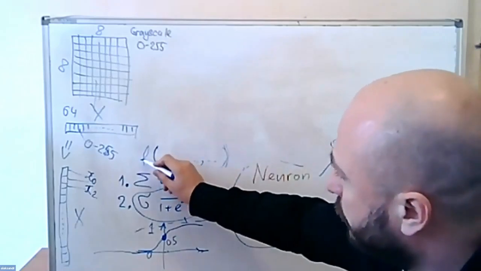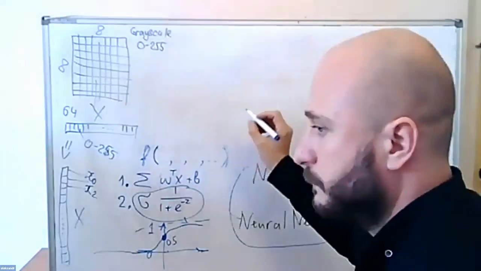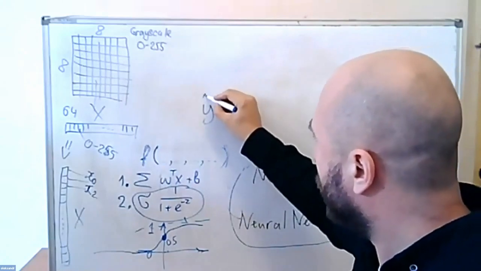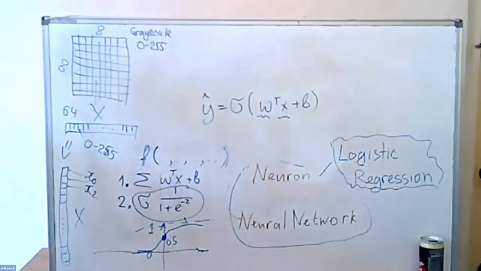All the formula for this F looks like this, where X and this omega are actually vectors.